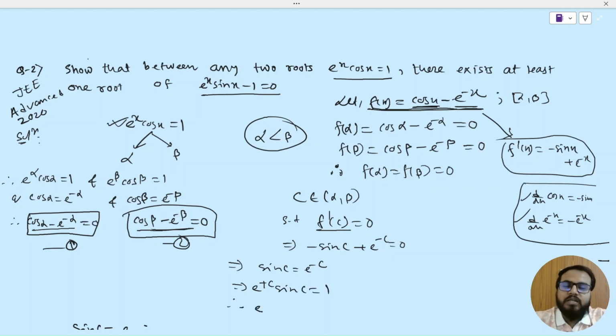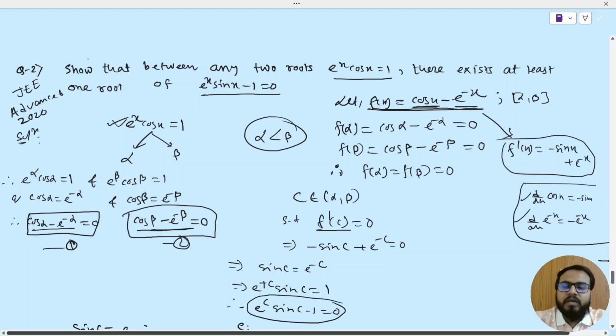Therefore, e to the power c sin c minus 1 equals 0. This means that c is a root of the equation e to the power x sin x minus 1 equal to 0. That's all. Proved. Thank you.